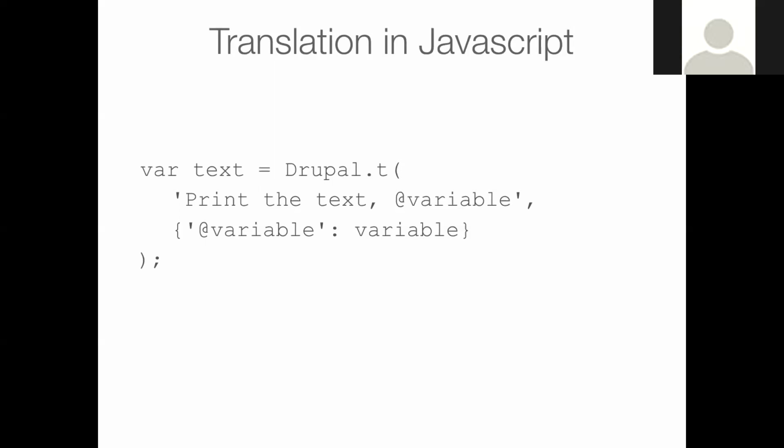So pretty straightforward. And we just have to make sure that we're loading Drupal.js. So wherever you're adding your JavaScript, you just want to make sure that that file is being added.